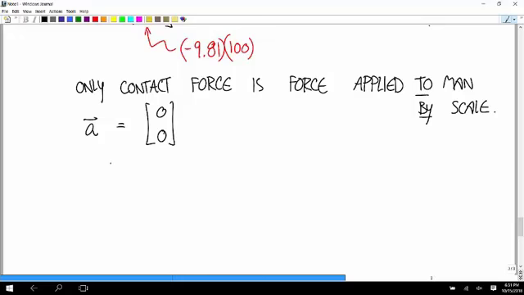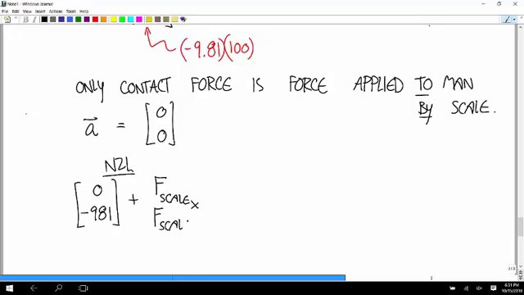And now we can put this all into Newton's second law. So the sum of the force vectors is 0, negative 981. The force vector applied by the scale, we don't know what that is, so I'm just going to call that F scale, and break it up into an X component and a Y component.